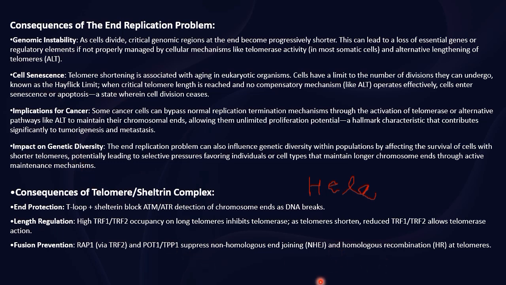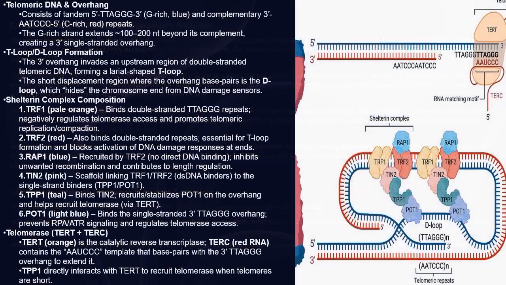Now let's move on to the next slide. At the molecular level, this is how a telomere would look. This is the telomere in the chromosome, and this is its molecular zoomed snapshot, you can say.